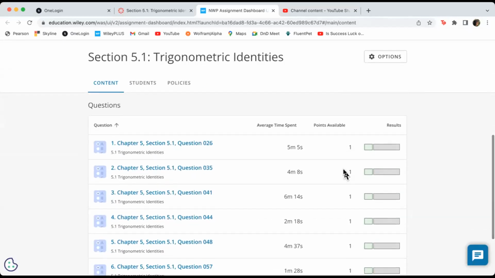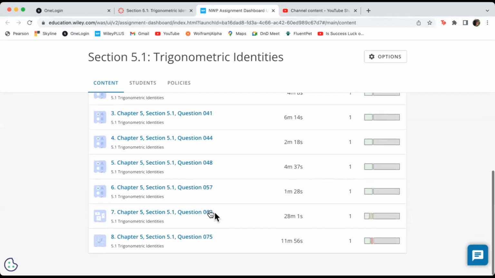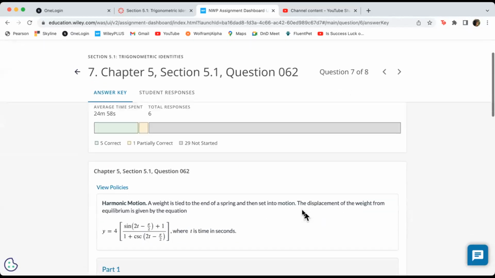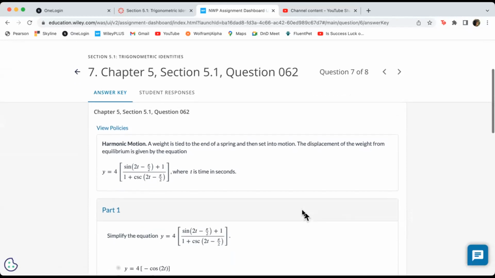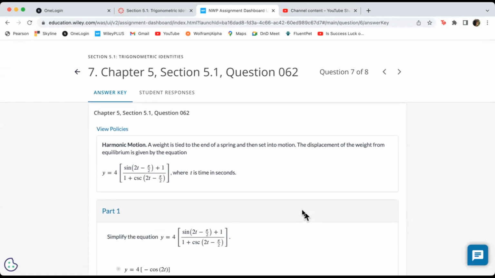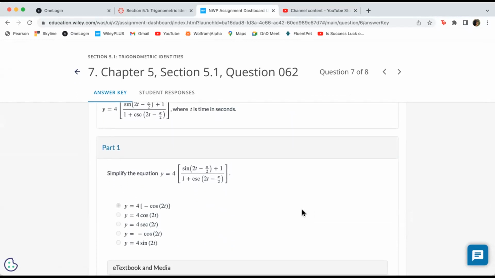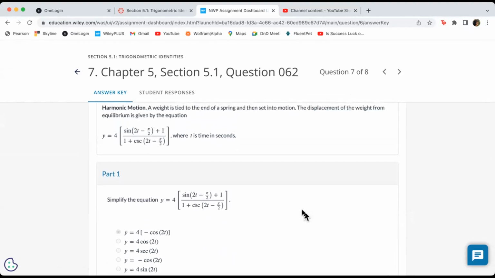So let's do some homework problems. Okay, so in this case, the idea here is that we want to use some identities.